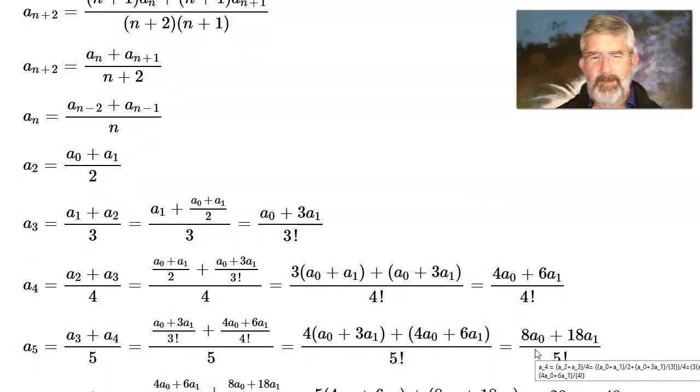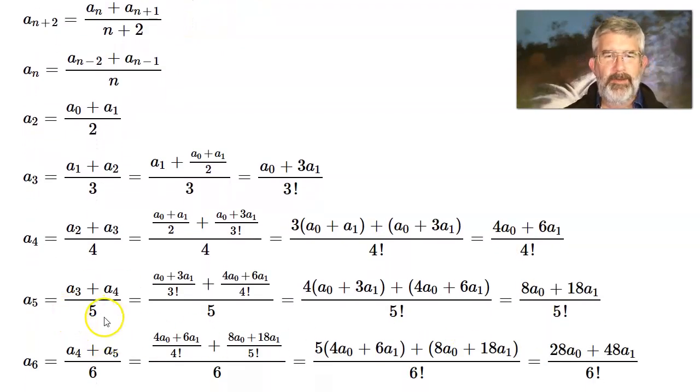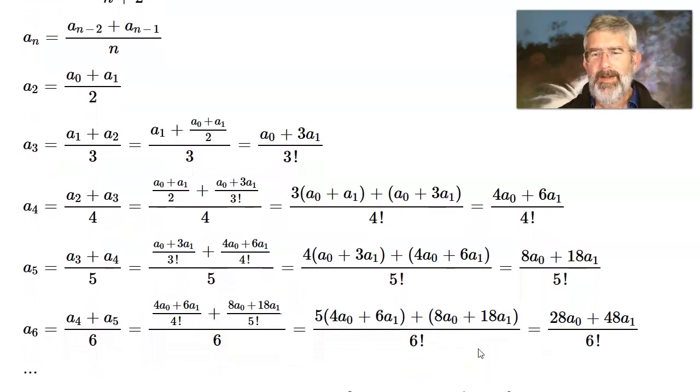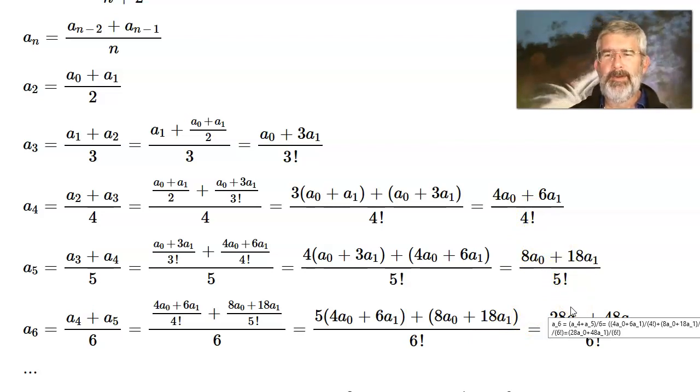And then likewise a5 would be a3 plus a4 over 5. I just calculated a3 and a4, multiply top and bottom by 4 factorial to get this and that, and a6 in a similar way. Just keep going. Honestly, at this point, I don't really see a pattern. Maybe I could work a little harder and find it, but I don't think I need to.